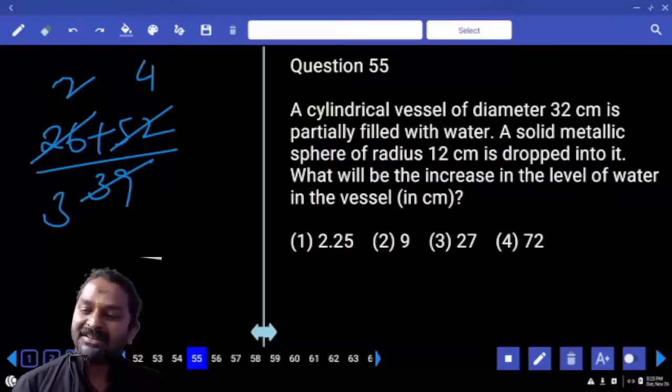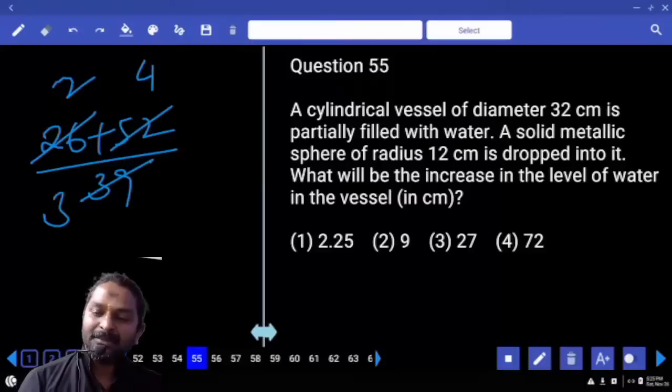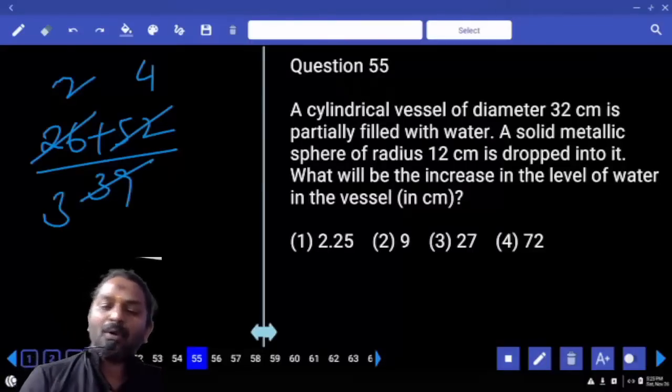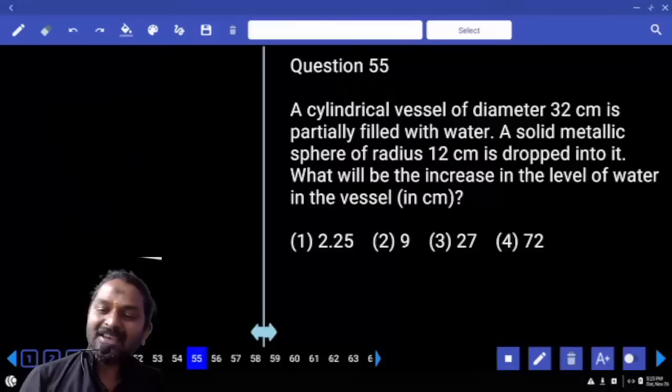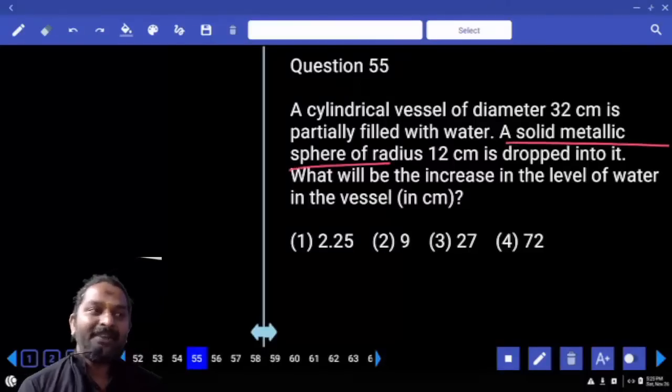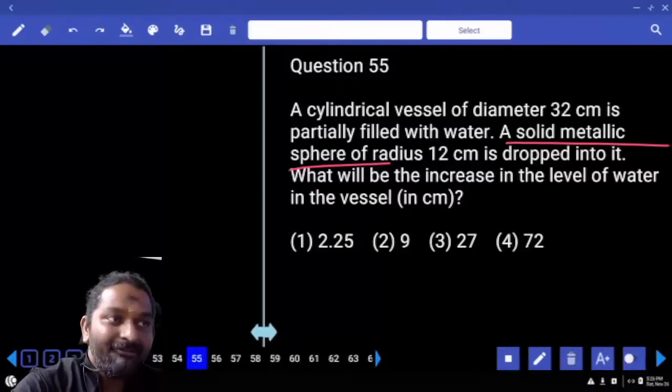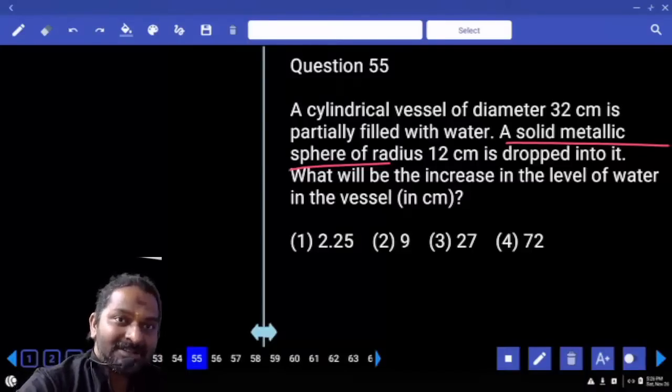A cylindrical vessel of diameter 32 centimeters is partially filled with water. A solid metallic sphere of radius 12 centimeters is dropped into it. What will be the increase in the level of water in the vessel? See, when you drop a metallic sphere, there will definitely be a rise in the height. So in this example, what should we concentrate on?